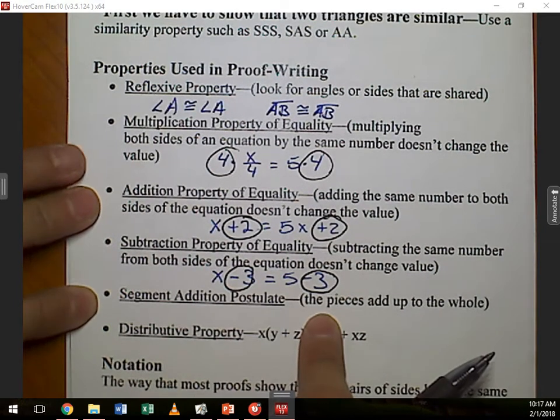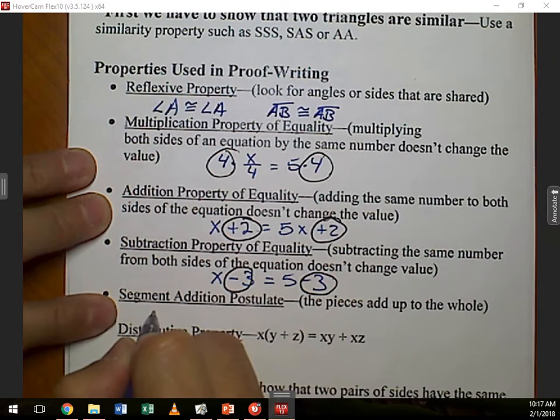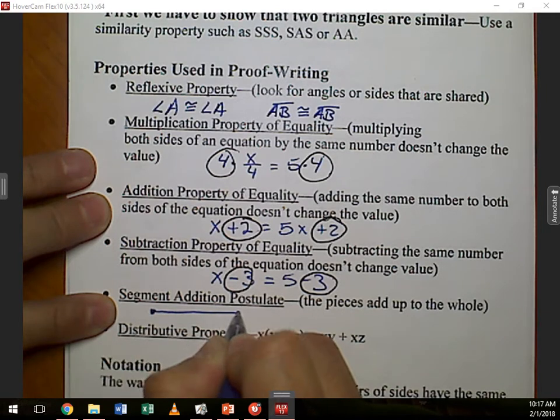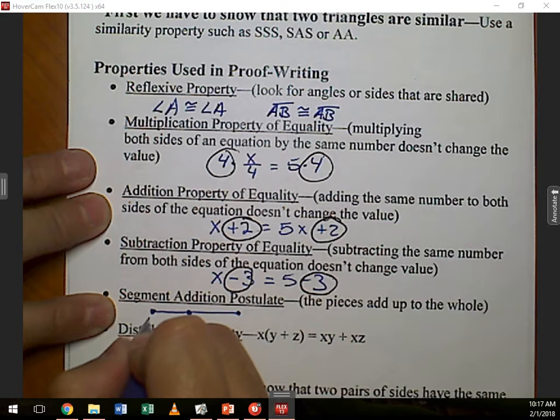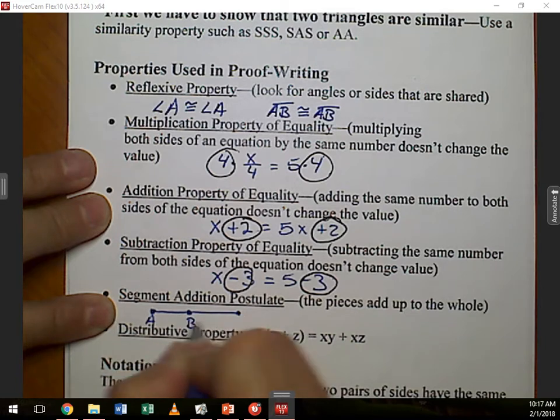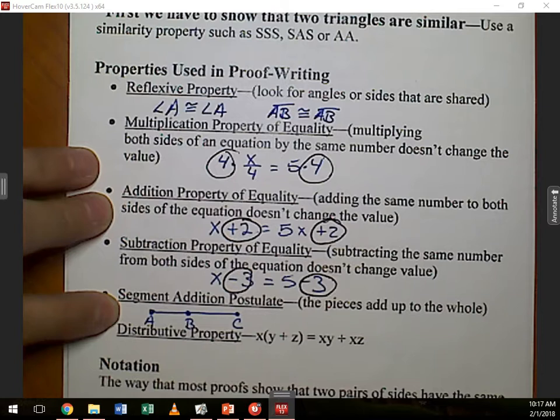Okay, segment addition postulate. So if I had a line segment, I'm going to draw a line segment here and call it A, B, C. Now, if I'm doing my segment addition postulate, I'm adding two segments together, right?